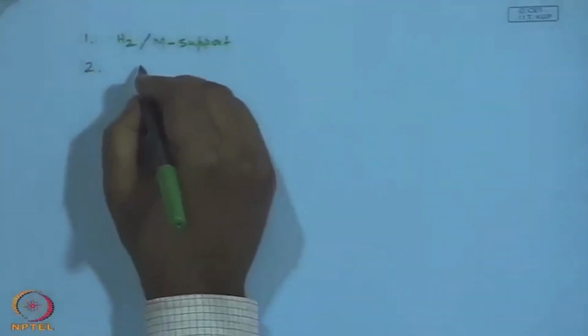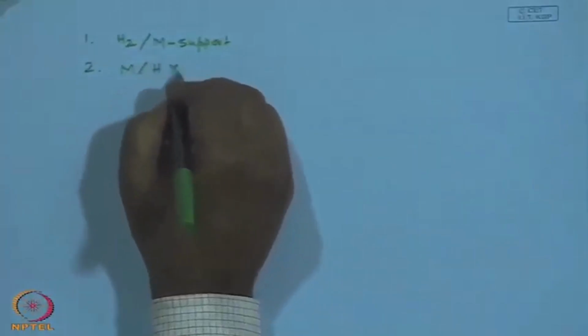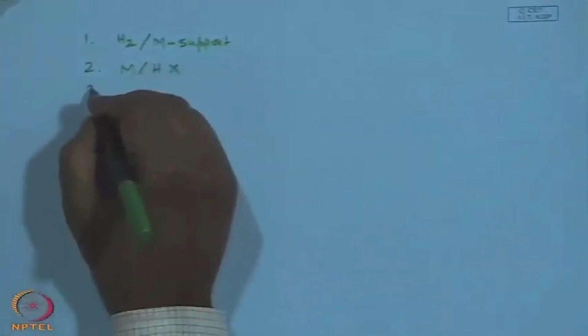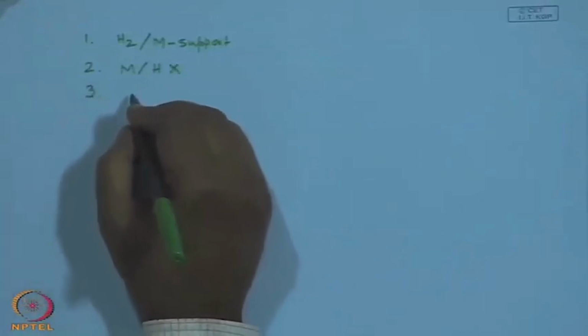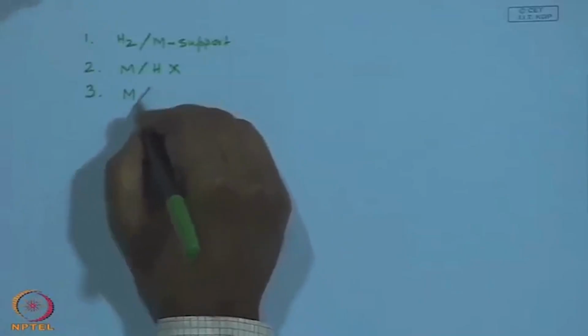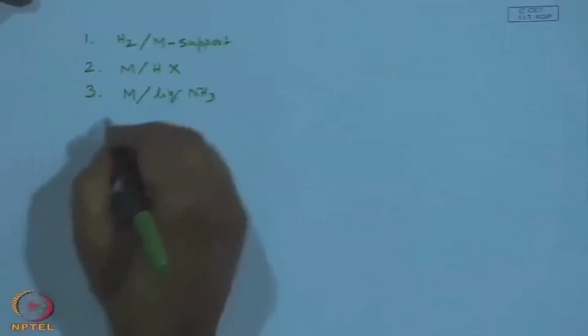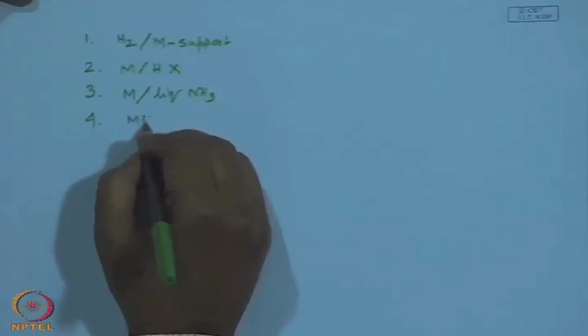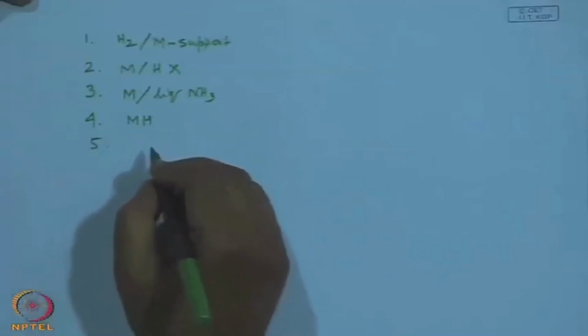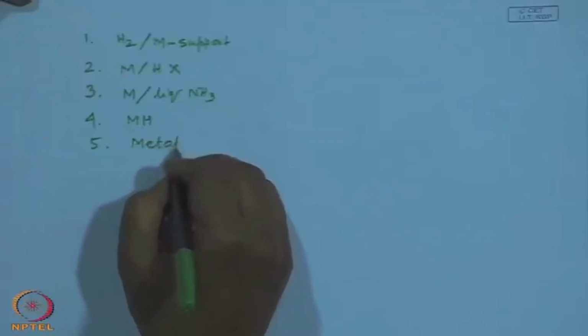Second category could be metal and acid, right, metal acid. Third category could be just simple metal in liquid ammonia, that is the Birch reduction. And the fourth one, metal and hydrides, and the fifth one, metal salts. That is it.